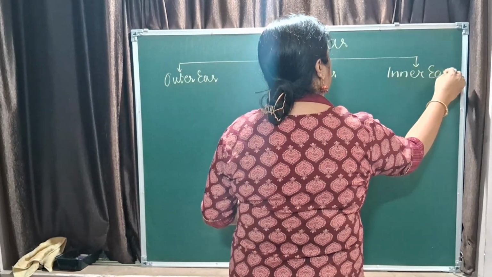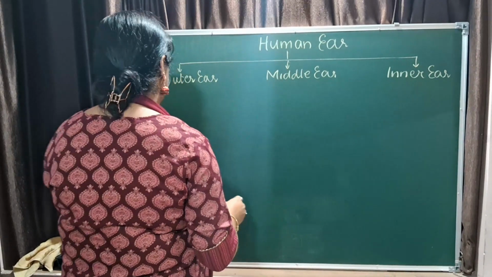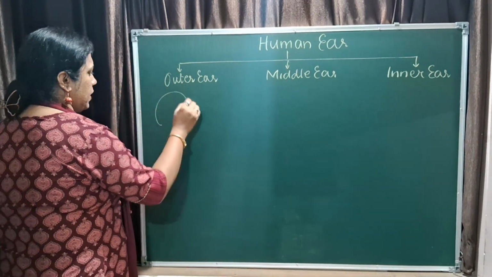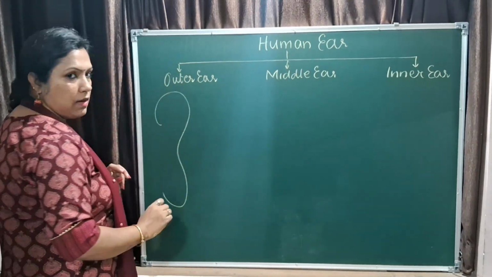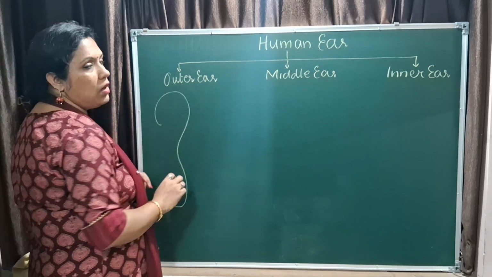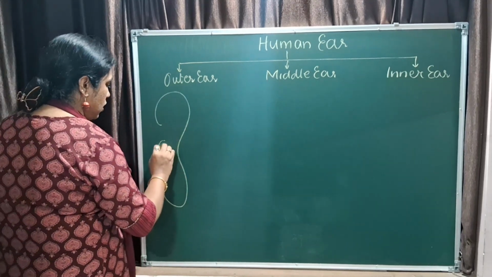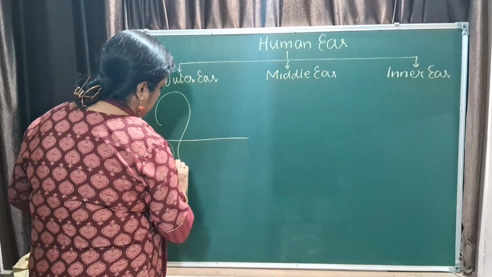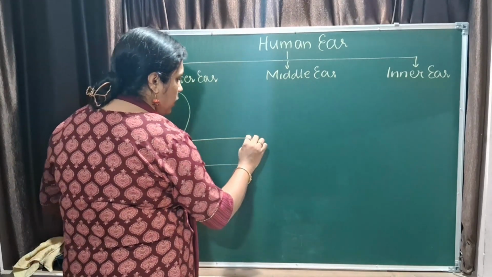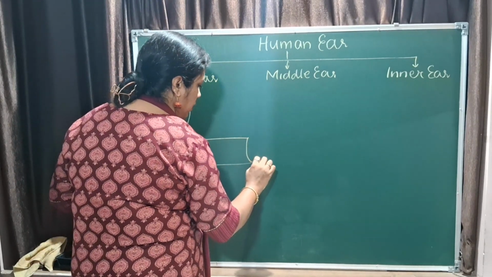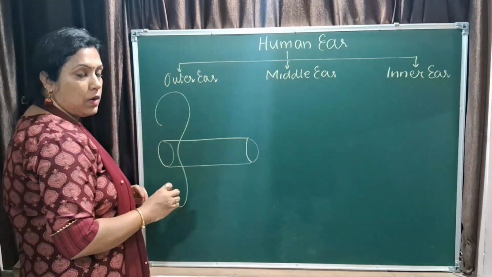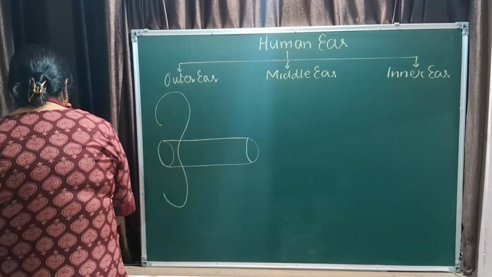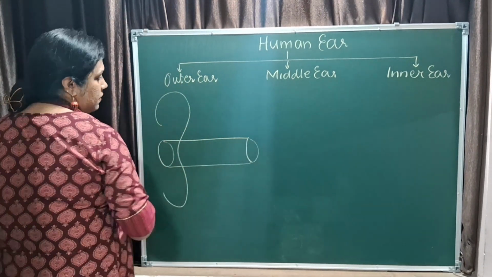Okay, so let us have a quick diagram. The outer ear is comprised of your pinna, also called the ear auricle, which has an opening, and through that opening there is an auditory canal. Then you have a conical shaped eardrum. After that you have the middle ear.